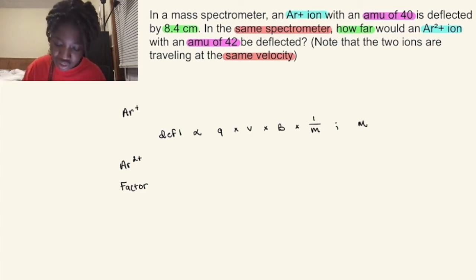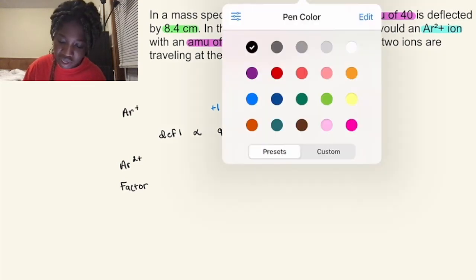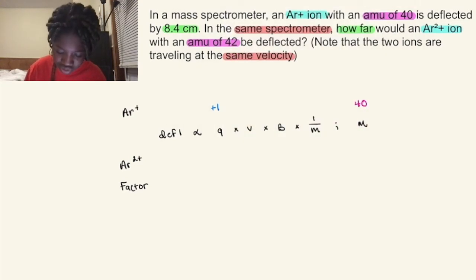For Ar+, because it's plus 1, it has a charge of plus 1. We know that it has an AMU of 40, so I'll put that above the mass. And we know that it is deflected by 8.4 centimeters.